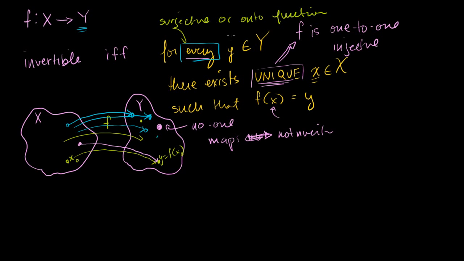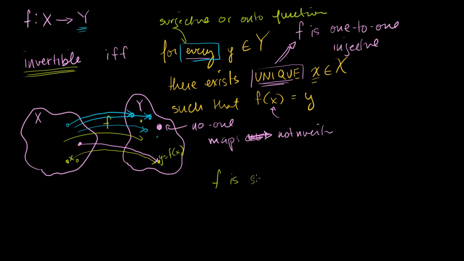The whole reason I'm doing this video is that I want to restate this condition for invertibility using the vocabulary I introduced in the last video. So given the statement that for every y that's a member of our codomain, there exists an x that maps to it, we could just say that f is surjective.